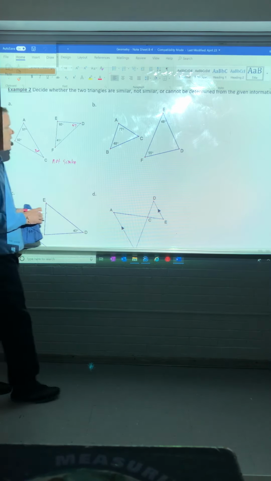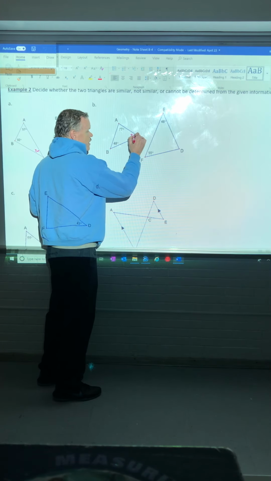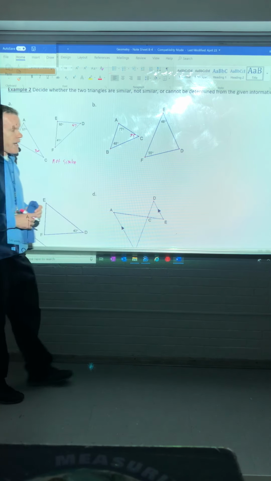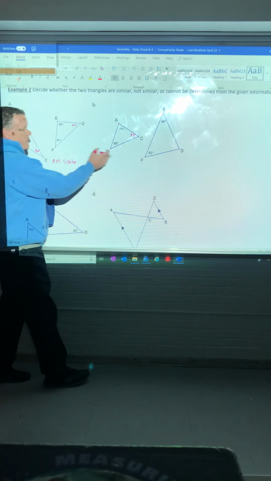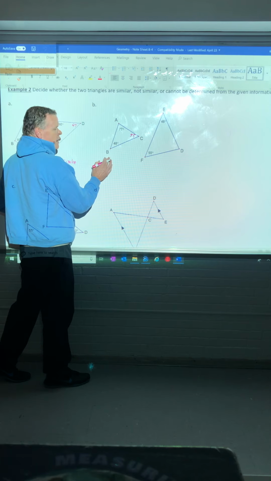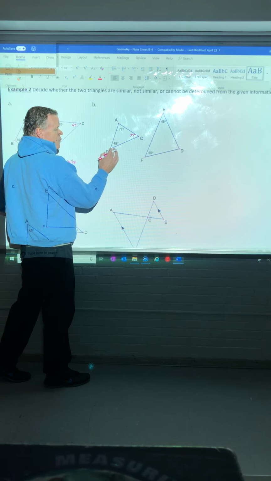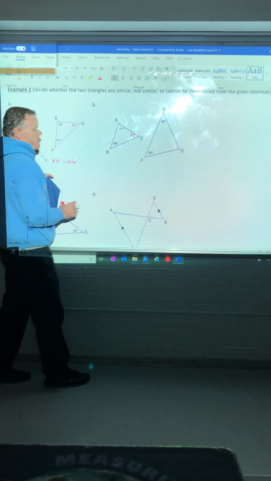We take 125 away from 180, and we get 55 right here. Again, we know all three angles of a triangle equal 180. We don't even have to find this one. We know two angles of one triangle, angle B and angle C, are congruent: angle B is congruent to angle E, and angle C is congruent to angle F.